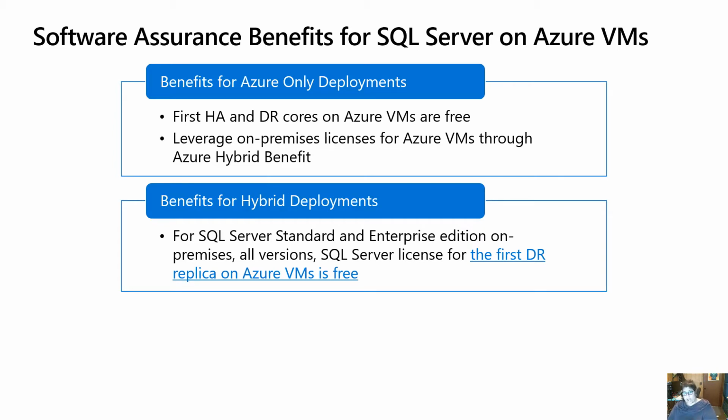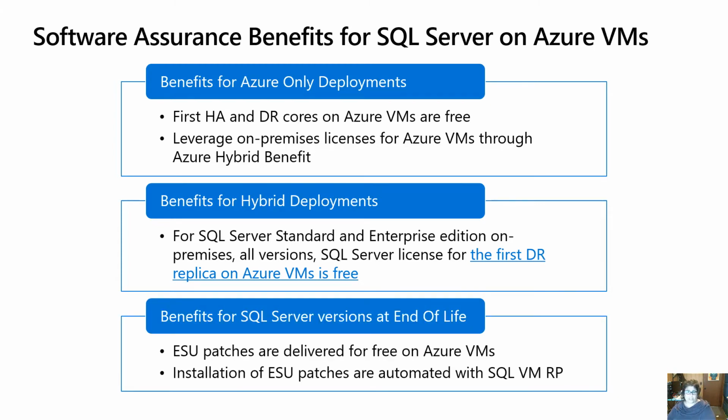So you have your on-prem replicas, so you're entitled to one HA replica and one DR replica on-prem for free. You can also have an additional DR replica in Azure for free. So that allows you to satisfy, say, having multiple data centers. You can have your on-prem data center plus Azure as a secondary data center that gives you some extra protection for DR, and all of that is included in your software assurance.